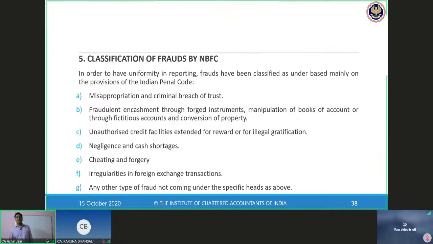So it means that these are the heads under which frauds will be required to be classified.